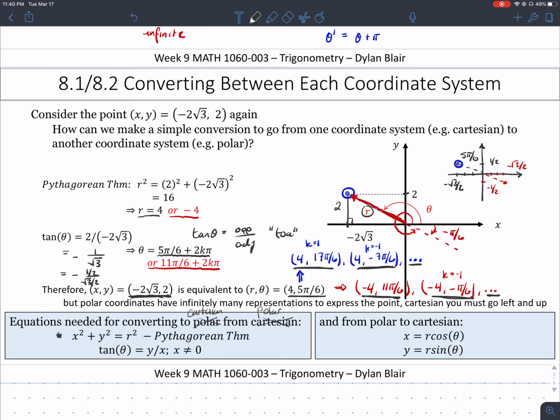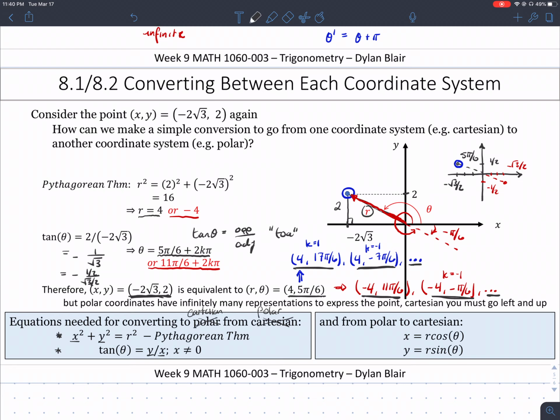The equations that we need for converting Cartesian to polar, not polar to Cartesian, are the Pythagorean theorem, and we also need tangent of theta is equal to y over x. So if you know x and y, you can just plug those in right there. But x cannot be 0, or else you can't find theta. If x is 0, then there's no theta. You'll see that in your examples when you work through your homework.